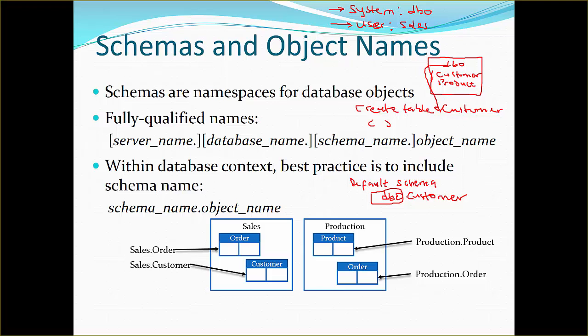We need to call the table by its name. So now you know the fully qualified name, the three-part name, the two-part name. The standard is for you to use the two-part name. It's always good to use at least the two-part name. So you know all this.